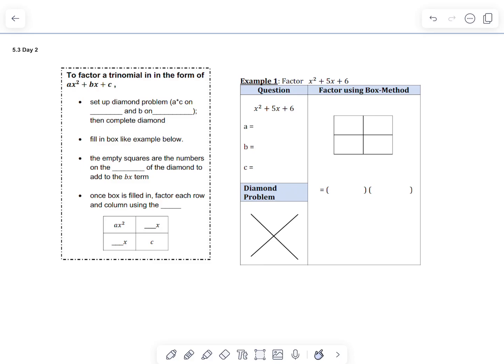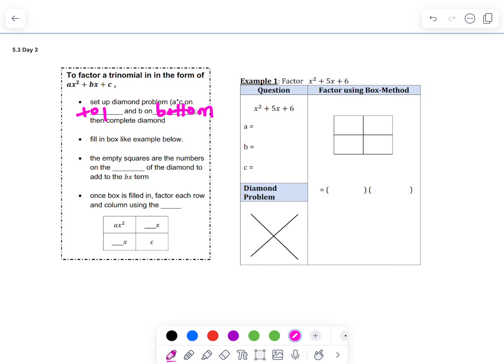So this first page is a little bit of a fill in the blank. To factor a trinomial in the form ax squared plus bx plus c, to set up the diamond, the AC is going to be on the top, and B is going to be on the bottom. Then you fill in the box like the example below.